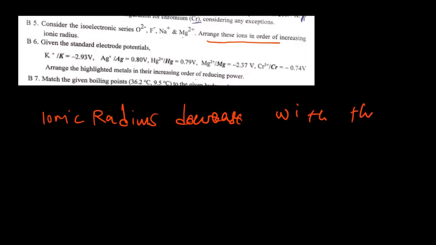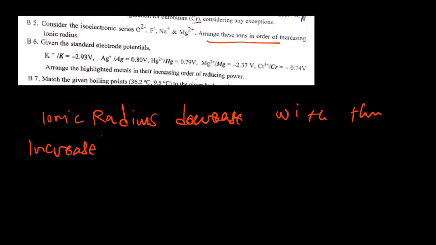For an isoelectronic series, or we say for ions, the ionic radius decreases with an increase in the nuclear charge. So we are going to say this ionic radius decreases with the increase in the charge.